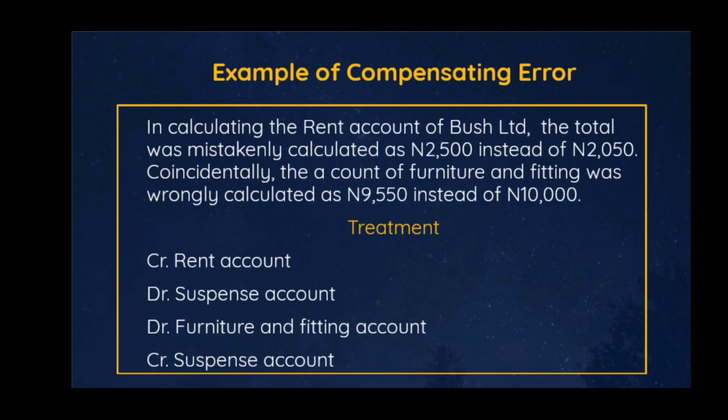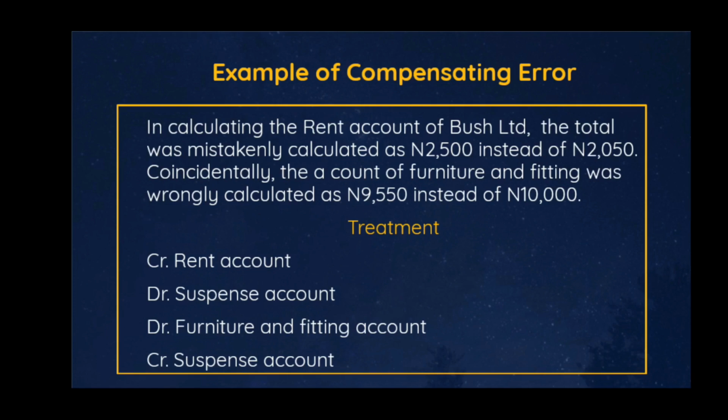Coincidentally, the account of furniture and fitting was wrongly calculated as 9,550 naira instead of 10,000 naira. If we look at that, we are having a shortage of how much? 450 naira. So which means the account of rent has been overstated with 450 naira.